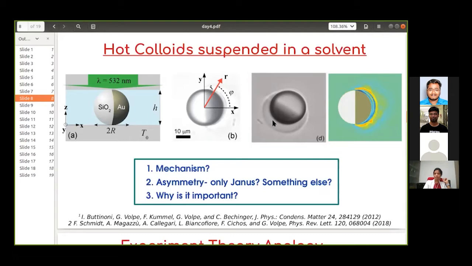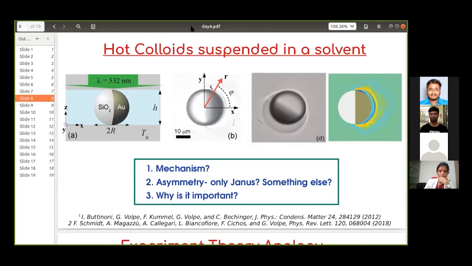In particular, is this asymmetry which has formed around the particle purely because of the Janus nature of the colloidal particle, or is there something else? We will see that. Why is it asymmetric at all? And then the third question is, of course, why is it important in the broader sense? What kind of applications do these kinds of particles have? Those are some of the questions we are going to address today.